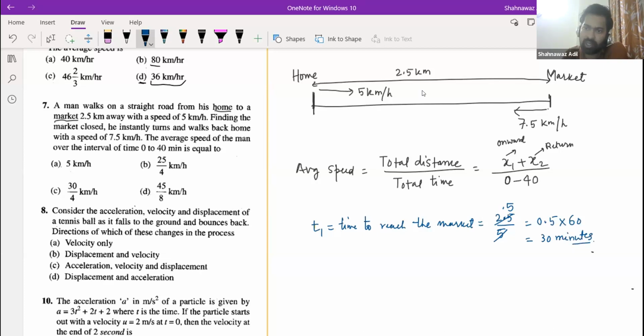So in 30 minutes he reaches this point. And we have to calculate for 0 to 40 minutes. So how much time is the return journey?